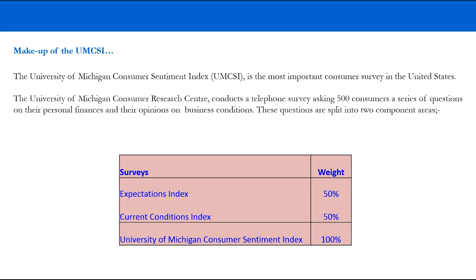And you might think this is a small sample size, but it's actually incredibly accurate historically. The expectations index is the questions that they get asked on their expectations of future business conditions, and the current conditions, they get asked about what their thoughts are on the current business conditions and current personal finances.